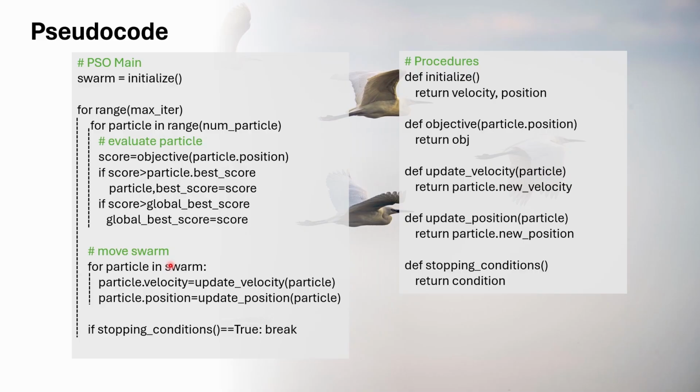So we compute the new velocity for that particle, and we're going to add that to its position to update and create the new position for the particle. And finally, determine if stopping conditions are met. To do that, we have a bunch of dedicated procedures: initializing the swarm, for example, that fitness function I talked about, and then updating velocity, updating position, and also stopping conditions.